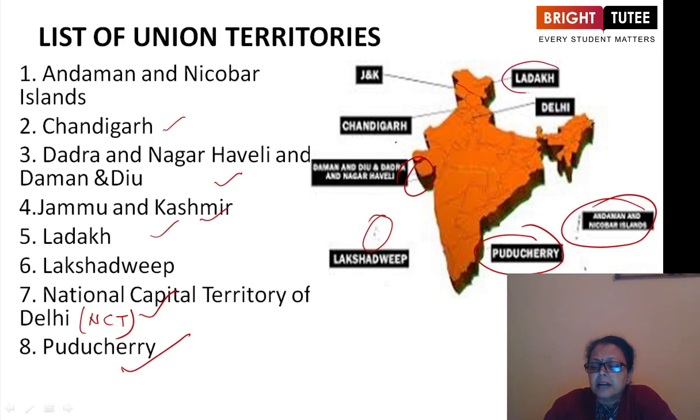Ladakh was recently separated from Jammu and Kashmir and became a UT in January 2020, while Jammu and Kashmir was declared a union territory on 31st October 2019.